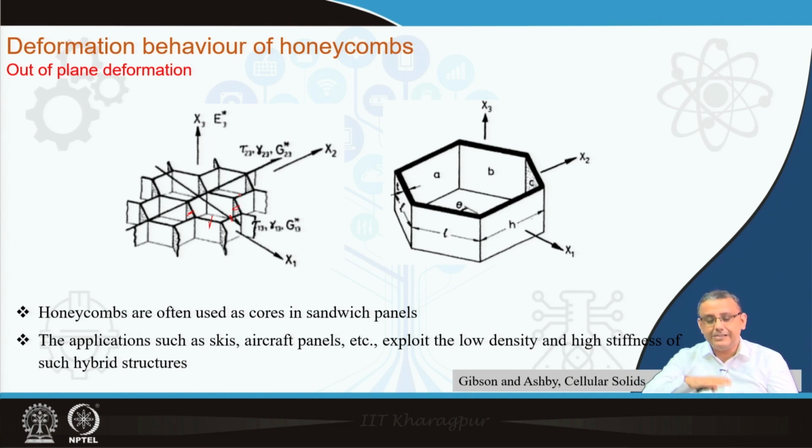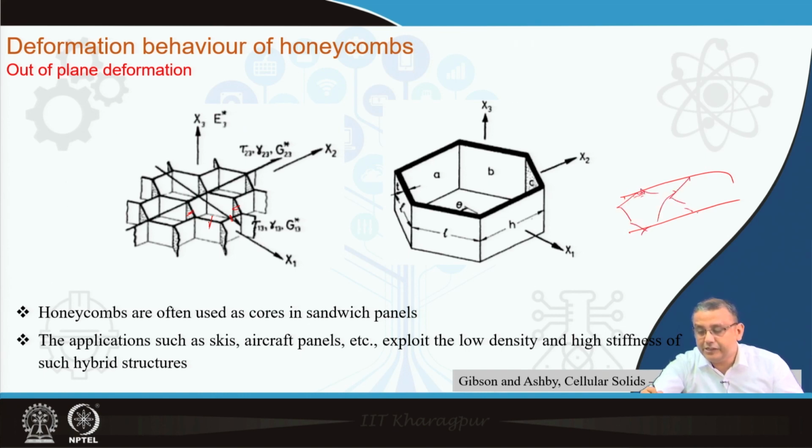Now, this higher strength and stiffness when honeycombs are compressed along the out-of-plane direction is extremely important for many applications, like aircraft panels, skis, etc., where those big panels are made up of face sheets, with the honeycomb structure in between the faces.